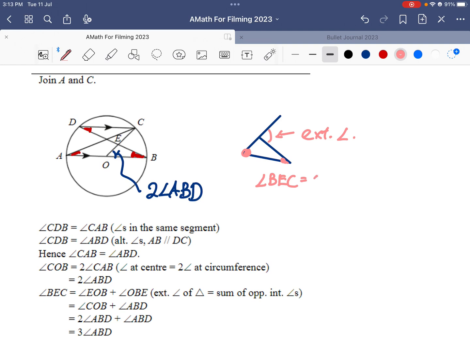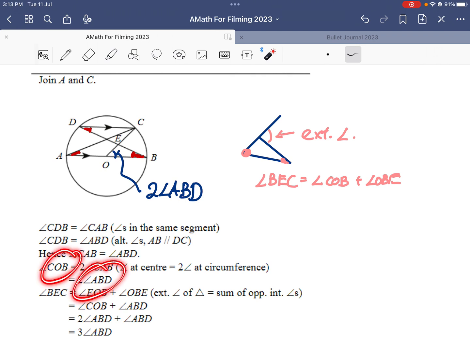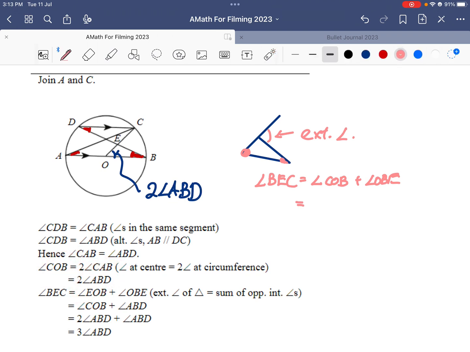Which are the two angles I'm adding up? I'm adding up angle EOB, which is actually angle COB, they are equivalent, plus angle OBE. So I just replace my angle EOB with my angle COB. I have proven from the earlier part that angle COB is 2 times angle ABD.